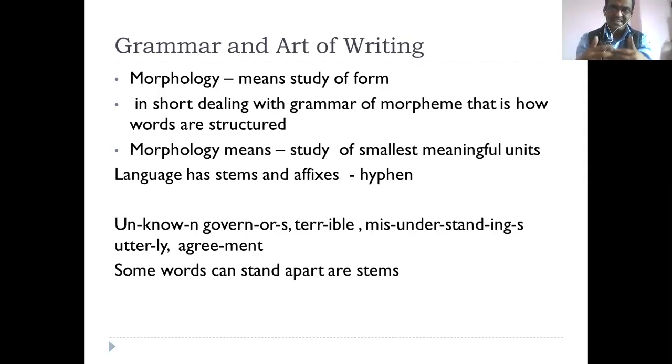In everyday language use, we have two types of units: morphemes, stems, and affixes. Morpheme stands for the smallest meaningful unit.